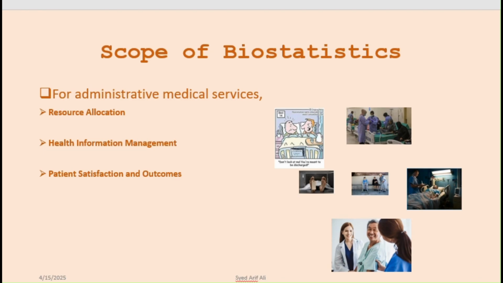The second one is health information management, analyzing health records and clinical databases to monitor quality indicators, like to determine the infection rates, readmissions, morbidity and mortality rates. Patient satisfaction and outcomes: using surveys and feedback data to statistically analyze service quality.